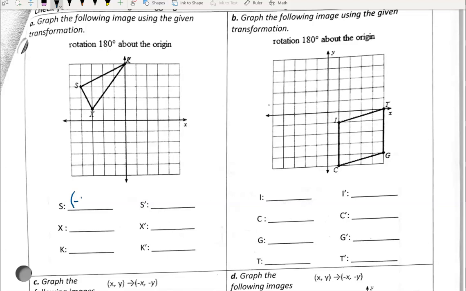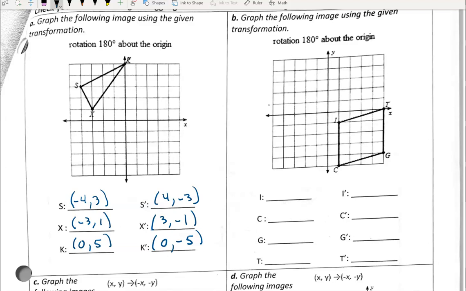So for S, we're going to have (-4, 3). And then X is going to be (-3, 1). And K is going to be (0, 5). So now if we apply our rule where all of these change to the opposite, for S prime, we're going to have 4, because it was negative, so now it's positive. And then -3, because the 3 was positive, now it's negative. Then we'll have (3, -1), and (0, -5).